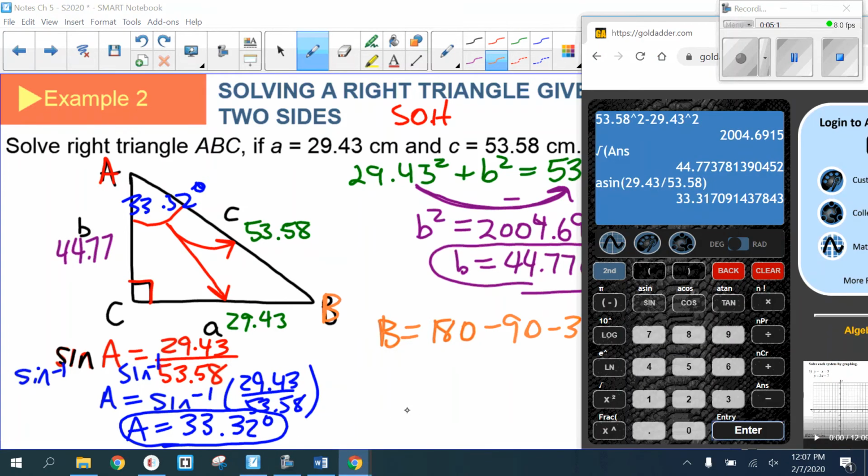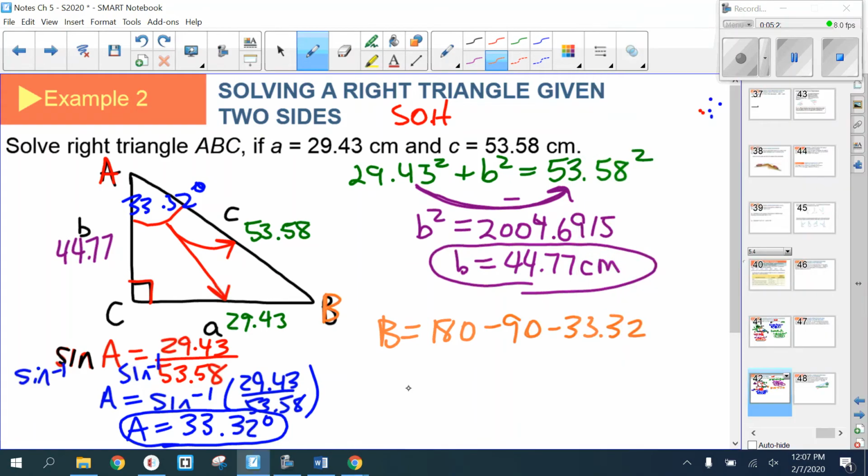But I would try to find the easiest way. 180 minus 90 minus 33.32 is 56.68. B equals 56.68 degrees. Solving the triangle means find all the missing parts. I've got them, so I'm finished.